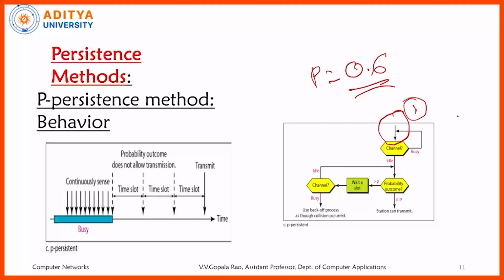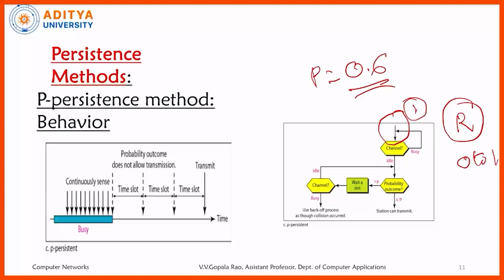Let us say R is a random number which is generated on a random basis. Imagine that R can be any number between 0 and 1. This is a very important point you have to notice. R is a random number which is to be generated in this process, and it should be between 0 and 1.